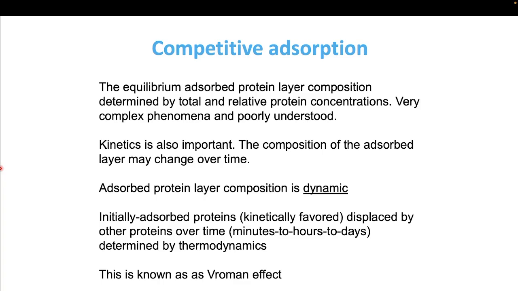So what is this Vroman effect? There's competitive absorption. Whenever the biomaterial surface is exposed inside the body, there are various different kinds of proteins in a patient's body. Most of these proteins could be in a very high concentration, others could be in very low concentration.